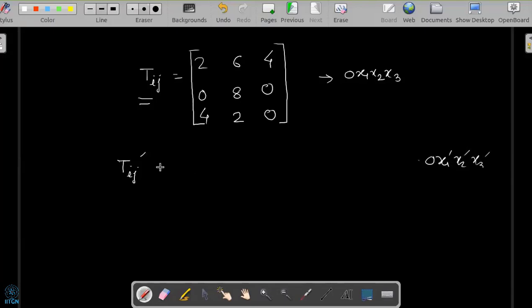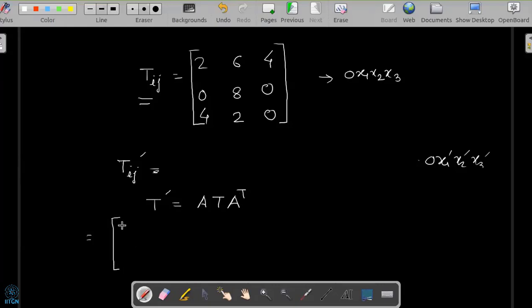How do we determine that? For that, if you remember, we have established the relation. We have to use the formula: A, the transformation matrix, multiplied with the given tensor, multiplied with A transpose, will give you the result.